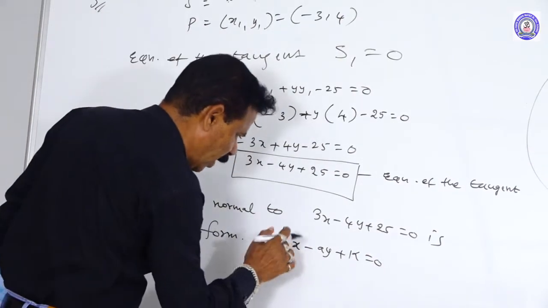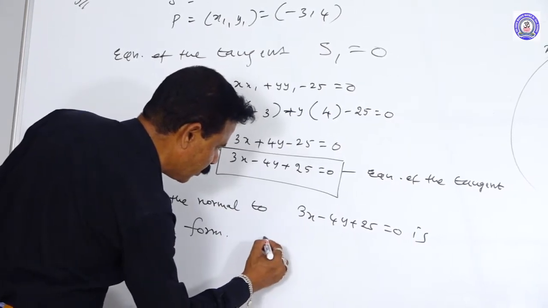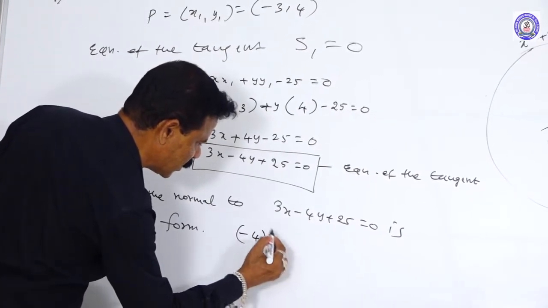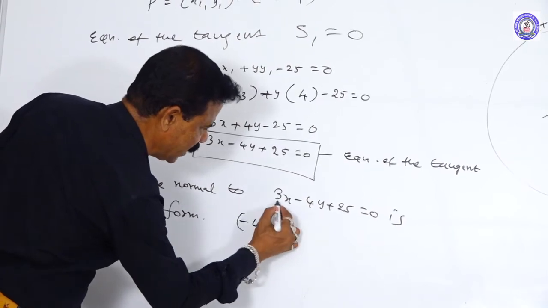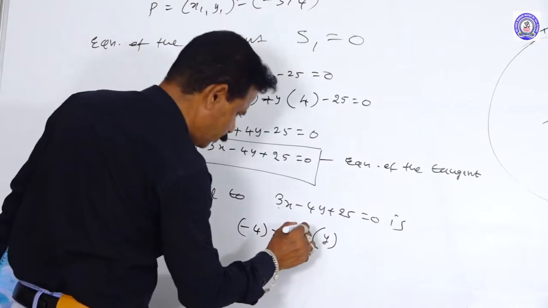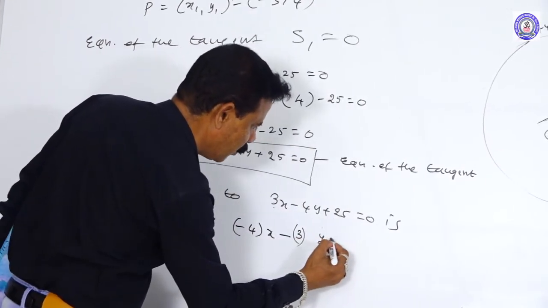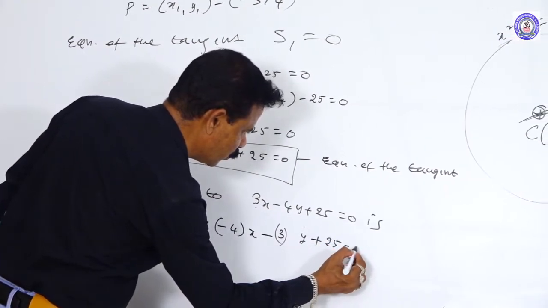That means we apply the direct formula. Bx means minus 4x minus ay, a is 3, y plus 25 is equal to 0.